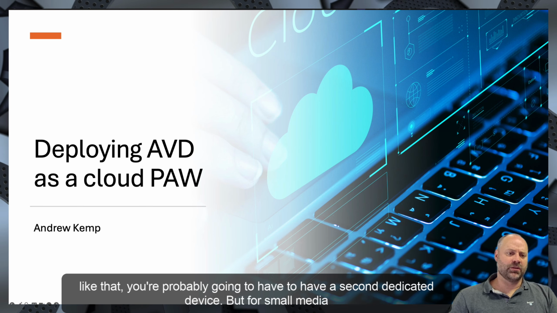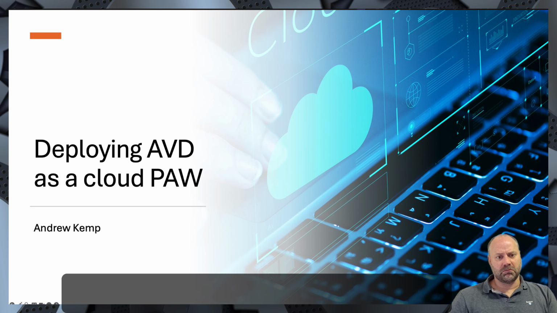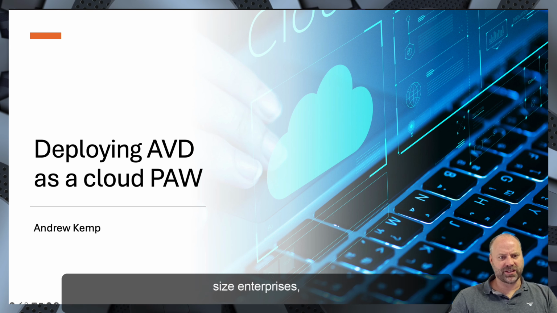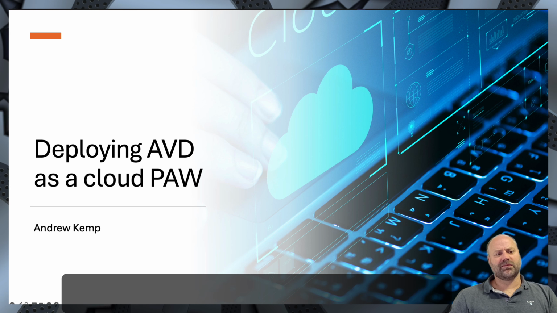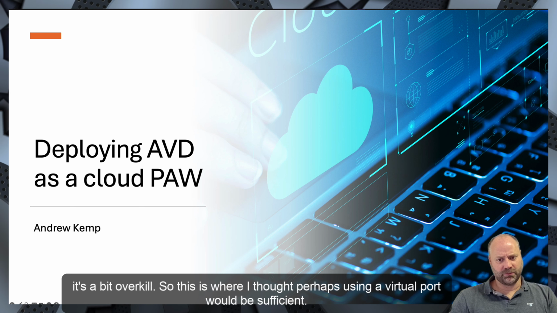Anything like that, you're probably going to have a second dedicated device. But for small and medium size enterprises, it's a bit overkill. So this is where I thought perhaps using a virtual PAW would be sufficient.